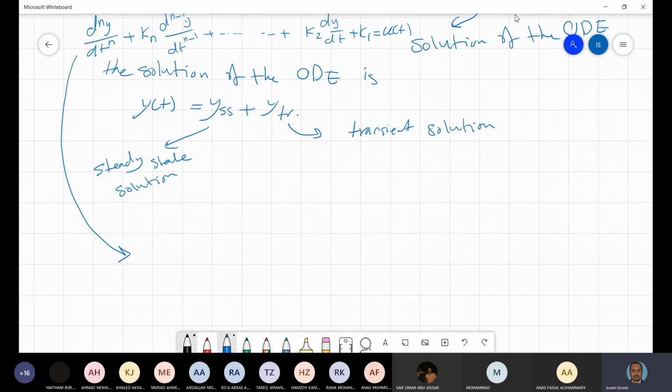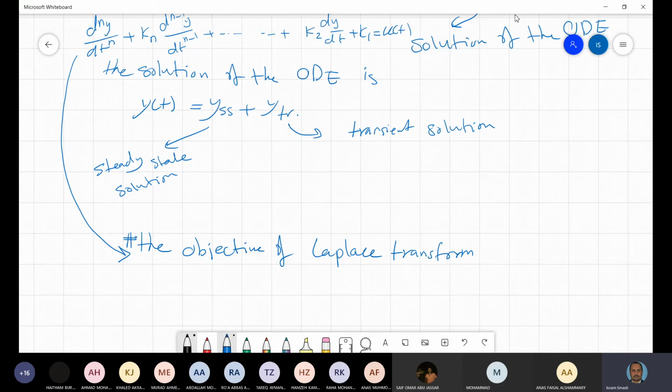Yes, doctor. And this is the function or the objective of the Laplace transform. That's why in control system, we need to understand Laplace transform and the inverse Laplace transform. Why?